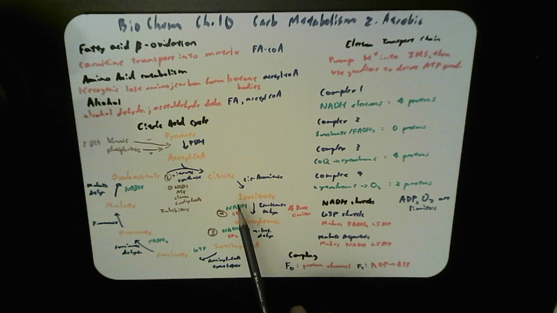And this is done through intermediates. And isocitrate turning into alpha ketoglutarate is the rate limiting step using isocitrate dehydrogenase. This is the first step where it generates NADH as well as the first carbon dioxide molecule, the first carbon that gets yoinked off.